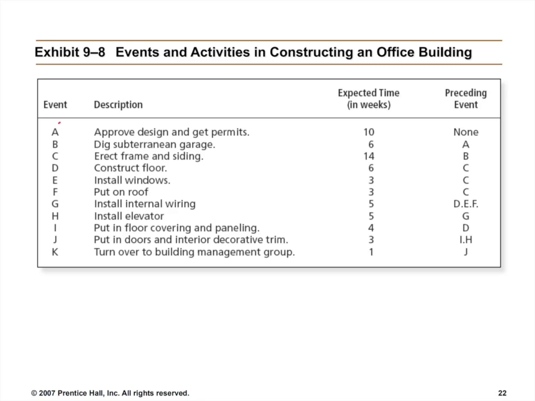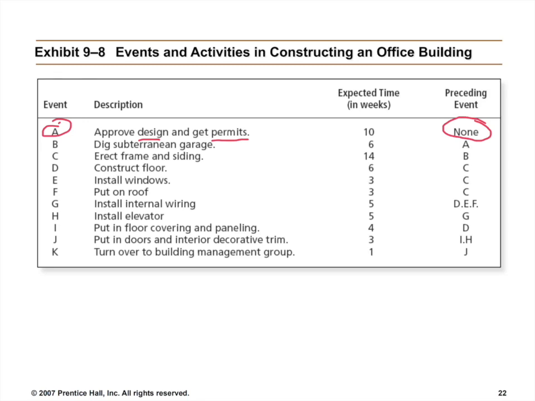The event A, in the first activity, we have to approve design and get permit. The expected time is 10 weeks and the preceding event is not known, so this is the starting point.